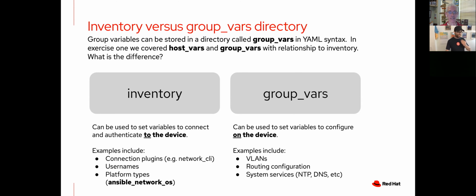So when we looked at things like the Ansible host name, or the Ansible connection, which talks about how we actually connect to the device, those relate to how we connect, so we would put them in the inventory file. Other things, like the data model describing what the value of my NTP server should be, or other configuration parameters about the device, would typically go in the group_vars folder. Again, you could do it either way, but that's the convention.